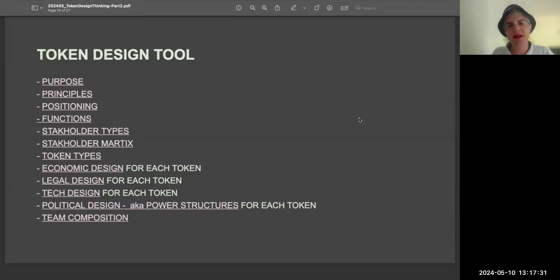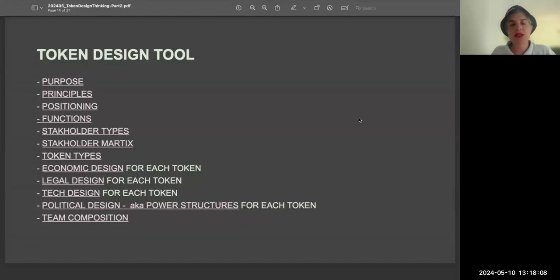And once we've identified whether we want to build a one-token system or a multi-token system, then for each token type that we need in our system, we ask the economic design questions, the legal design questions, and the technical design questions, though the technical infrastructure questions will probably be the same for most tokens.